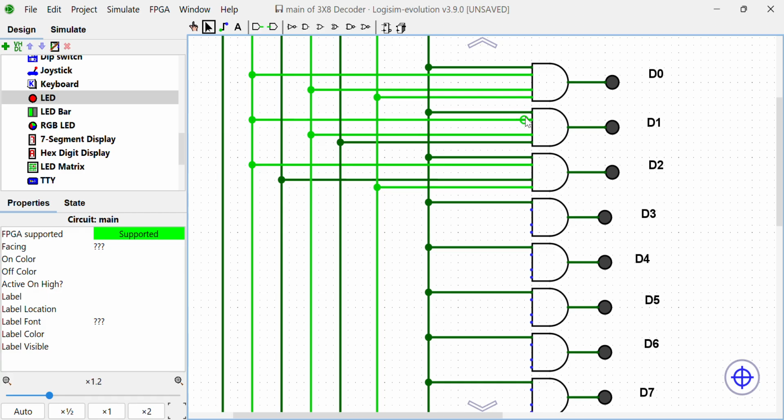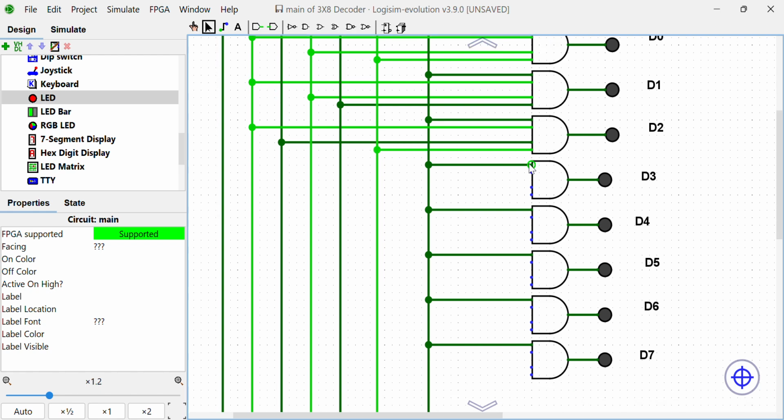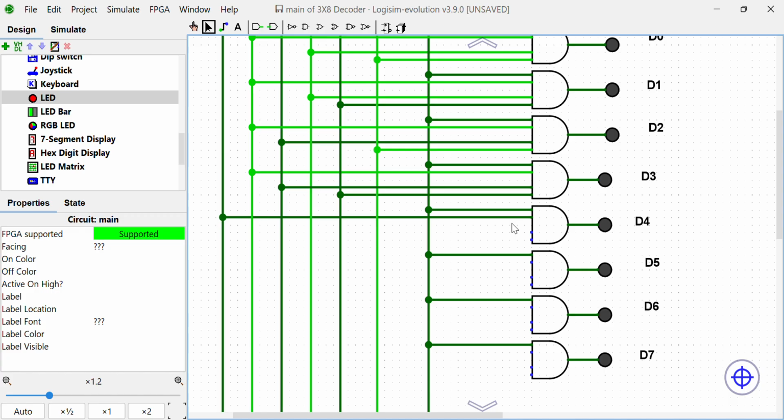Then the D3 we have 0, 1, 1. Then the D4 we have 1, 0, 0. Then D5 we have 1, 0, 1.